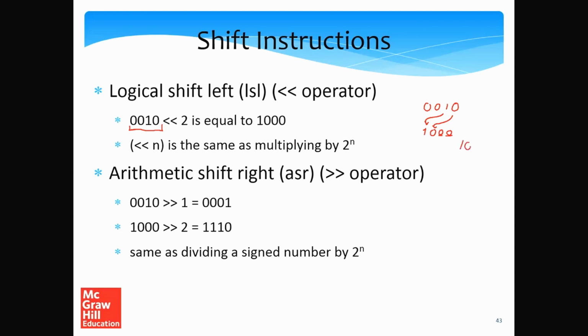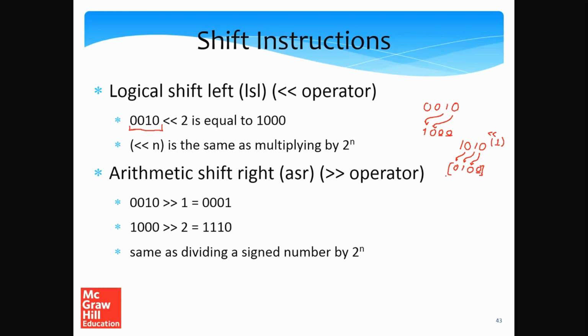Let's assume that the number is 1010 and we shift it to the left by 1 position. In this case 0 will come over here, 1 will come over here, and a new position will be created. We put a 0 over here, assuming the number is remaining within 4 bits.